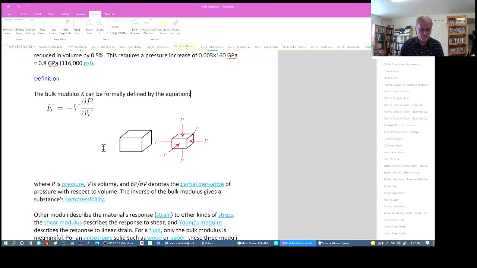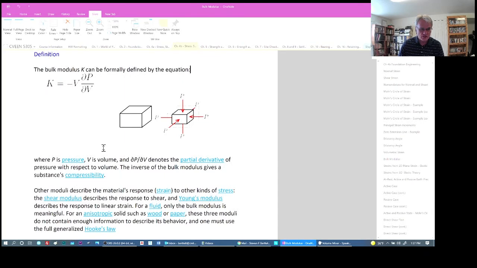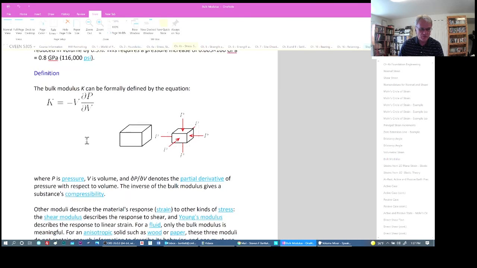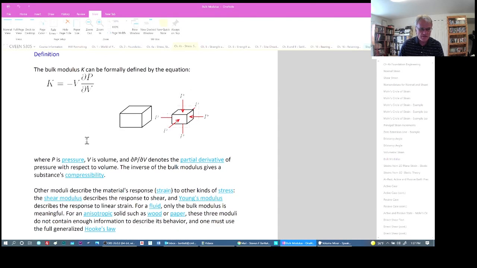If we take the initial volume times the change in pressure causing some change in volume, we have the bulk modulus. P is pressure, V is volume. The change in pressure with respect to volume is the partial derivative of pressure with respect to volume. This is the inverse of the bulk modulus and gives the substance's compressibility.